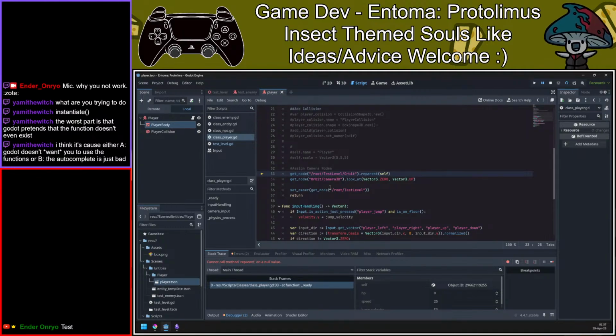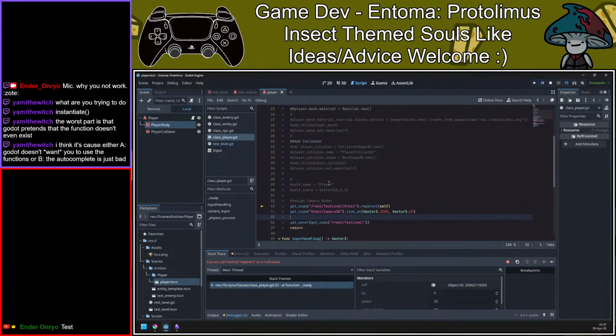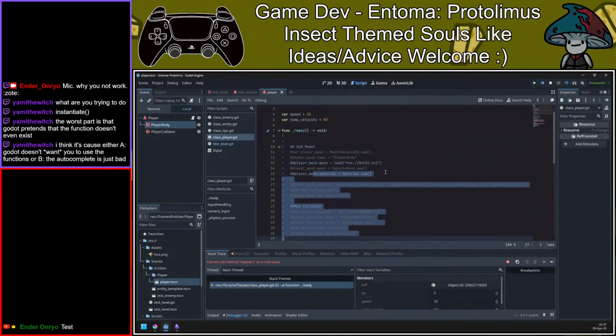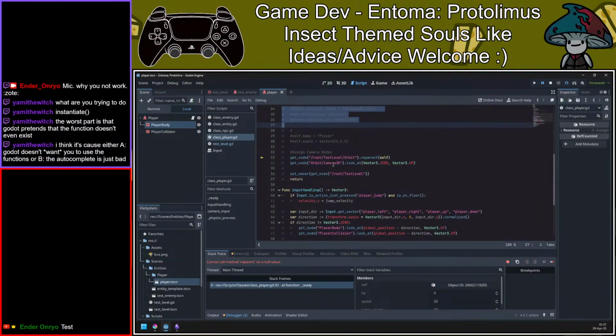Godot doesn't want you to use the functions, or the autocomplete is just bad. I don't know why they wouldn't want you to use a function. It's designed to give you access to code. If you don't want me to use the function, just disable the function.